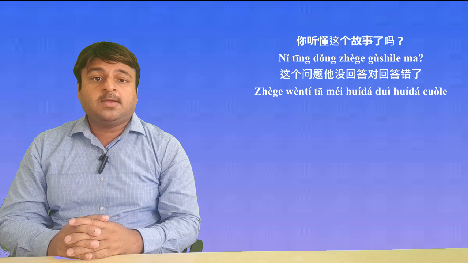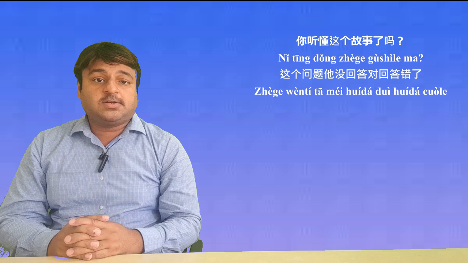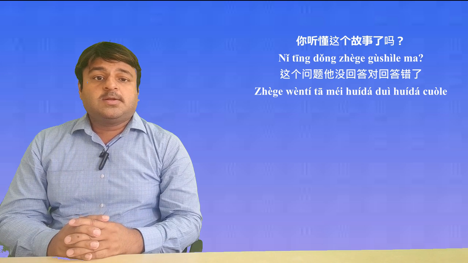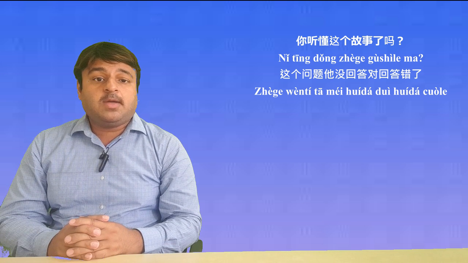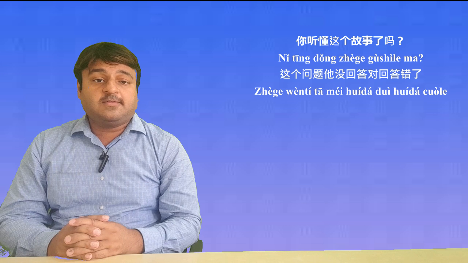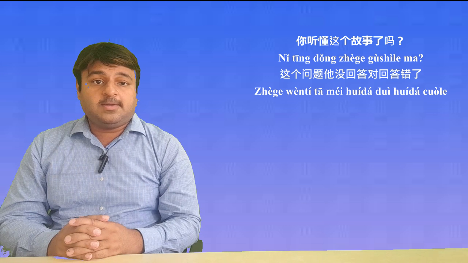Whenever there is a negation of a sentence with a resultative complement, it has to be done with méi or méiyǒu. 错 is wrong or incorrect. This question he did not answer correctly, he answered it incorrectly.